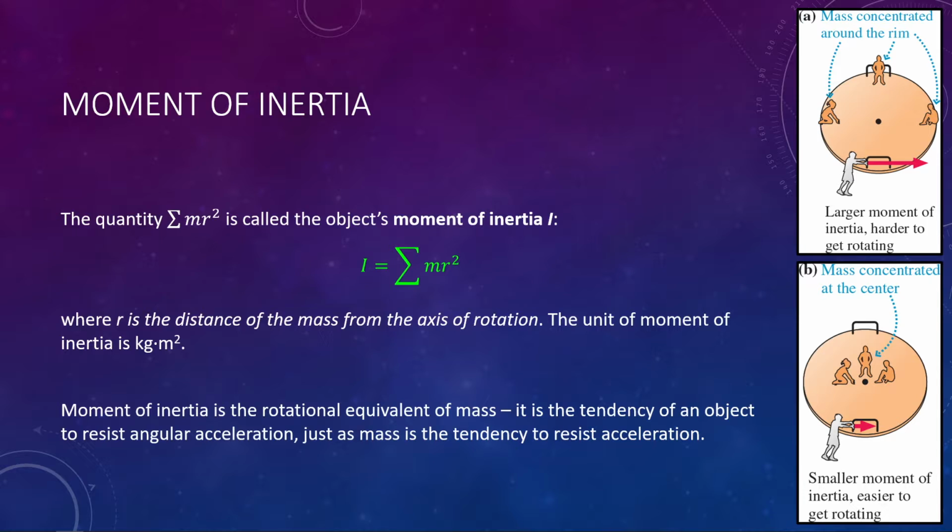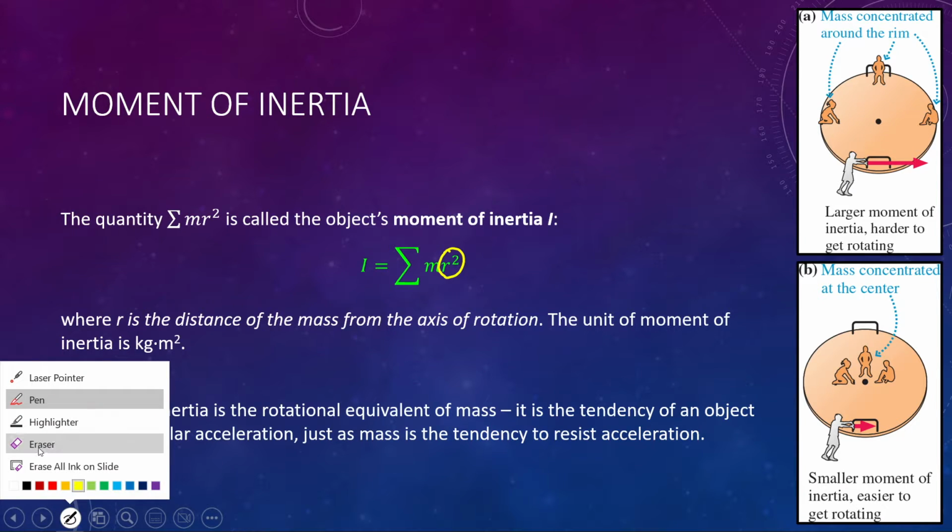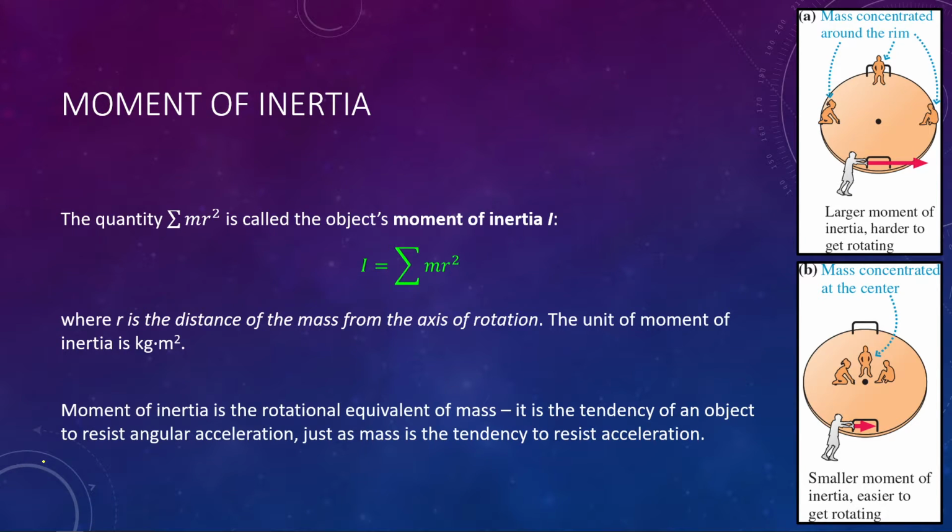But if those same three kids move to the center, they still have the same mass, it's still the same merry-go-round, but if all they do is move to the center, it's suddenly easier to move the merry-go-round because their value of r got smaller. They got closer to the center of the rotational axis. And thus their moment of inertia decreased, meaning it's easier to accelerate the object.